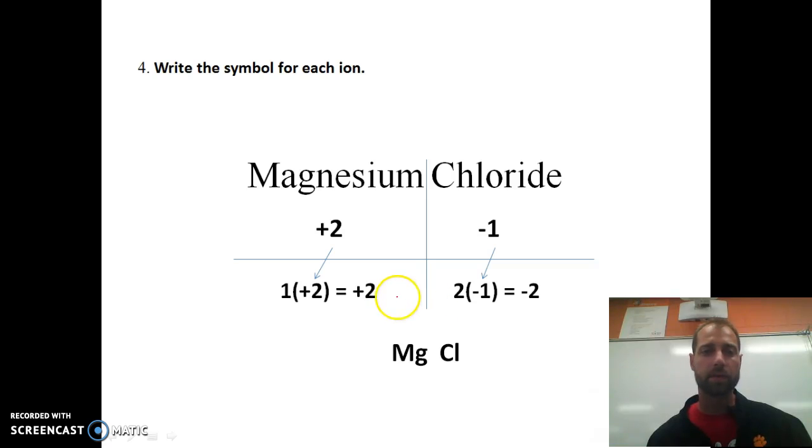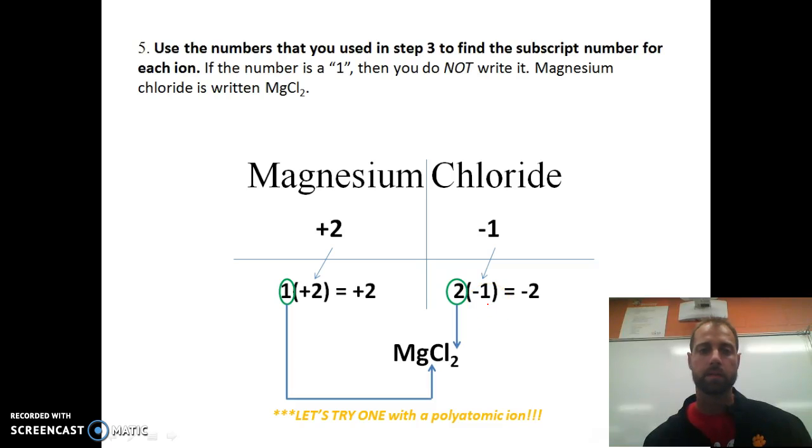Next, we write the symbol for each ion. Magnesium's symbol is Mg. Chlorine's symbol is Cl. We use the numbers that you used in step 3 to multiply the valence number to find the subscript for each ion. If the number is a 1, then you do not write it.